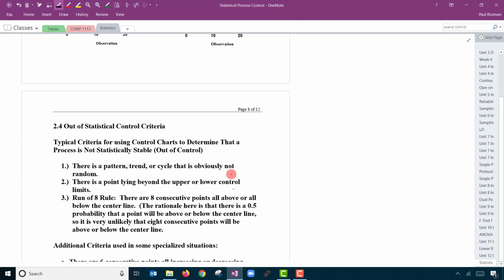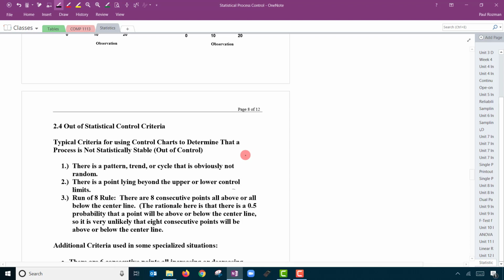Sure, you can get a couple above and then a couple below and then alternate, and then 4 above and 4 below, but it would be strange to get 8 in a row all above if there's a 50% chance that you're above or below. That's 0.5 to the 8th power, which is a pretty unlikely occurrence. So when you do see 8 in a row, that's a general guideline.